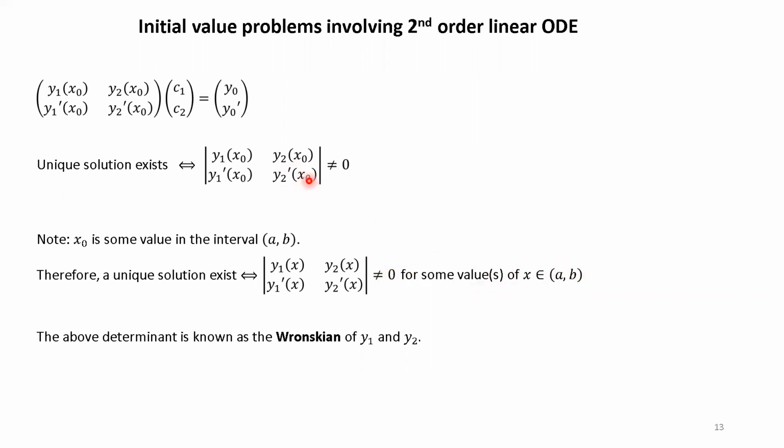And this determinant is known as the Wronskian, or Wronskian determinant.